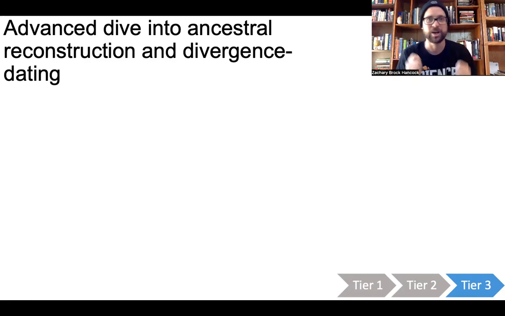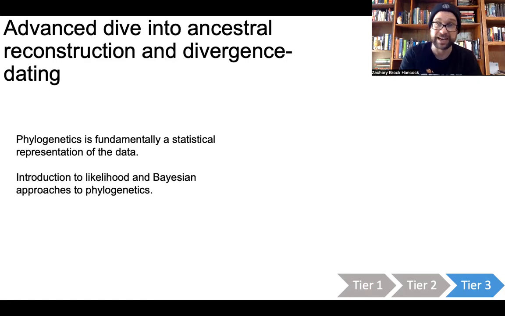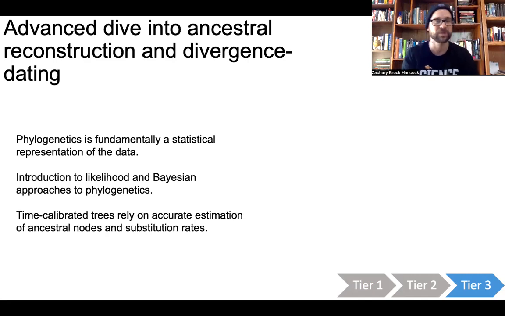Now in tier 3, we are going to do an advanced dive into ancestral reconstruction and divergence time dating. As I said at the very beginning, phylogenetics is fundamentally a statistical representation of the data. So we need to introduce a couple of statistical models, including a likelihood and a Bayesian approach to phylogenetics.